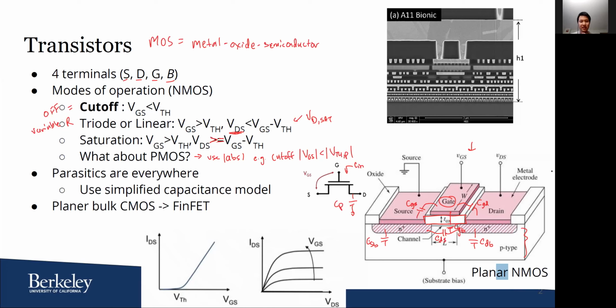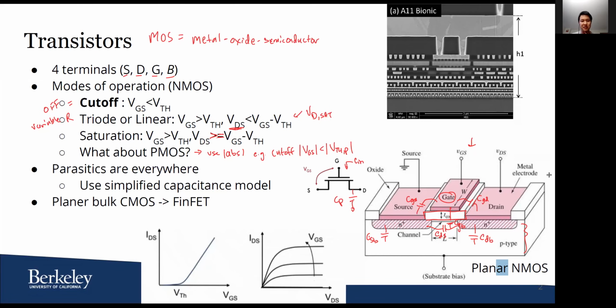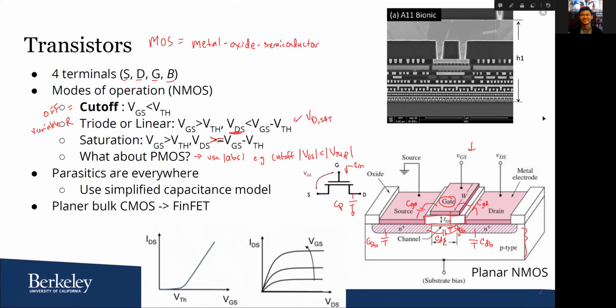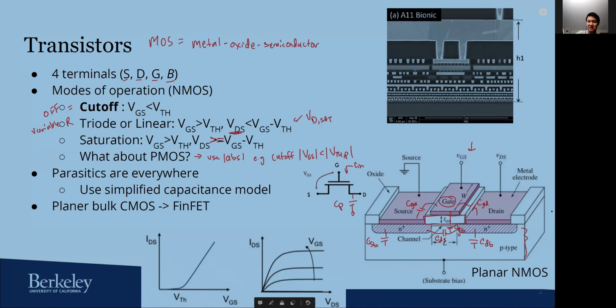Okay, and then one other thing that I think was addressed in class was over the years we have transitioned from planar bulk CMOS, which is the structure that you see in this diagram, to FinFETs, right? So what was the move to FinFETs? What did it do for us? What were some of the things that FinFET did for us?